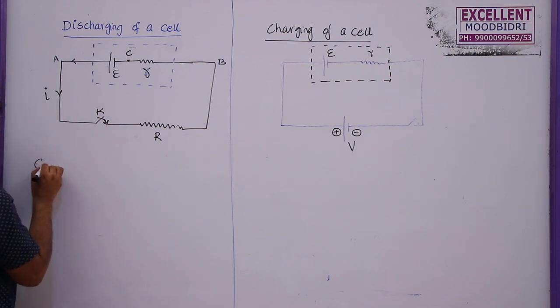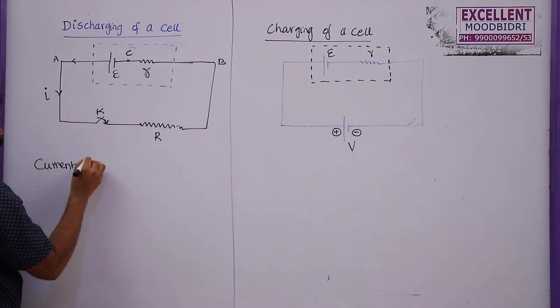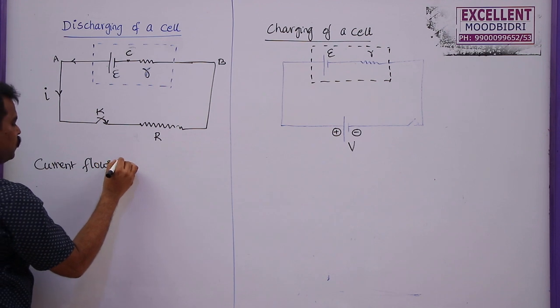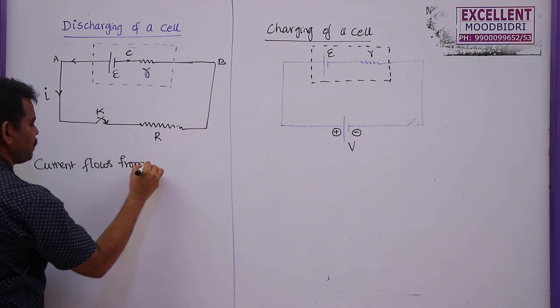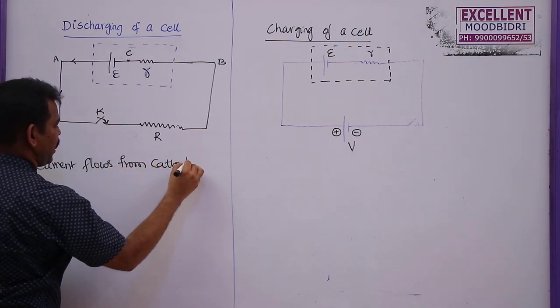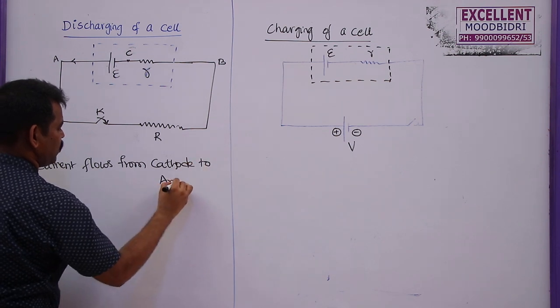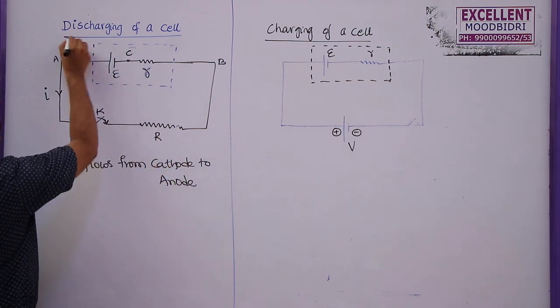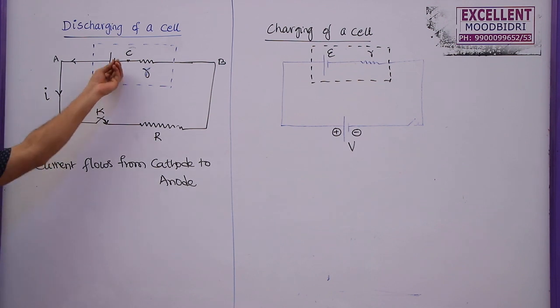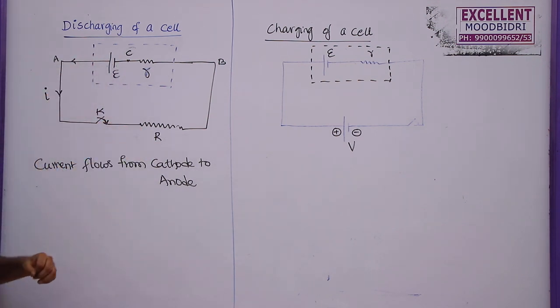So current flows from cathode to anode when the cell is discharging. That means the cell is giving the charge to the external circuit.